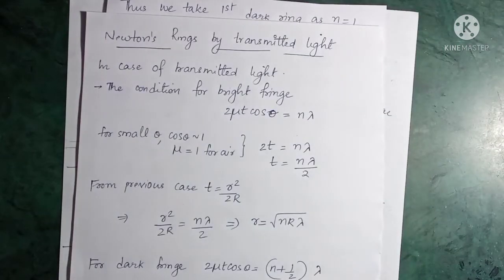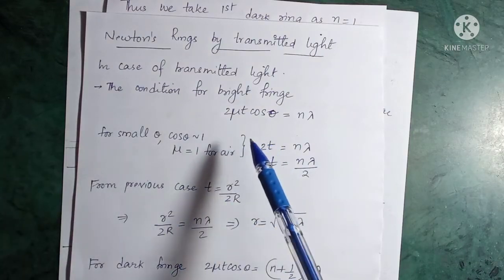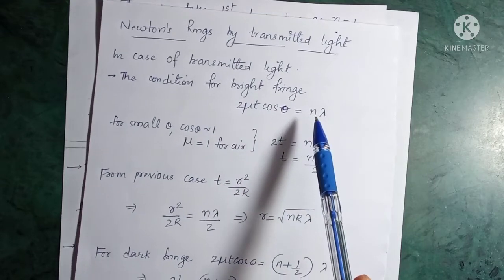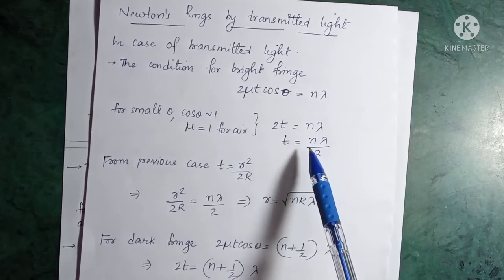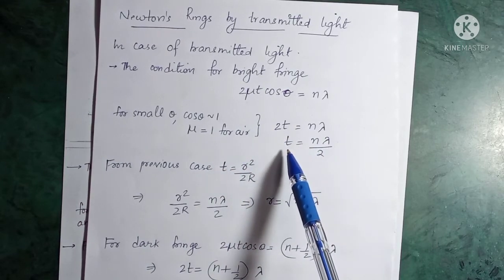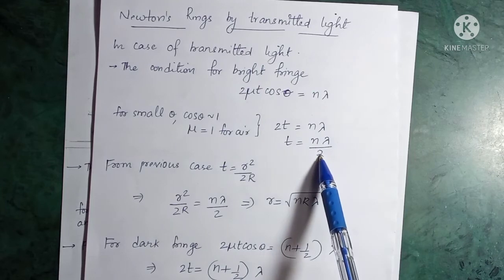Now Newton's rings by transmitted light can be obtained in the same manner. We just take the condition for transmitted light in the bright fringe and dark fringe, and the condition is given by 2 mu t cos theta equals n lambda. Following the same steps, we obtain the value of t as n lambda upon 2.